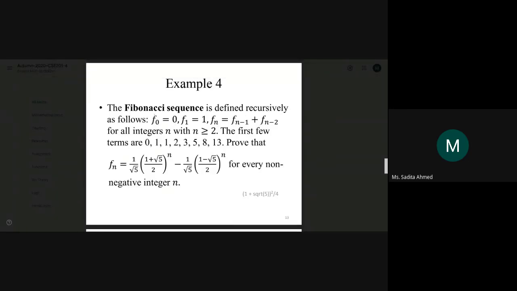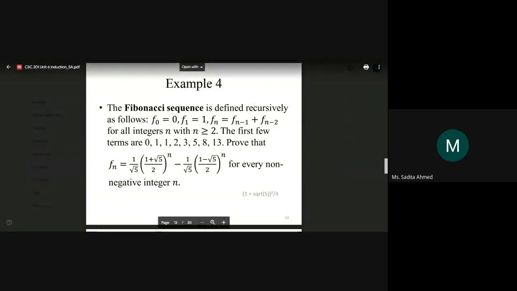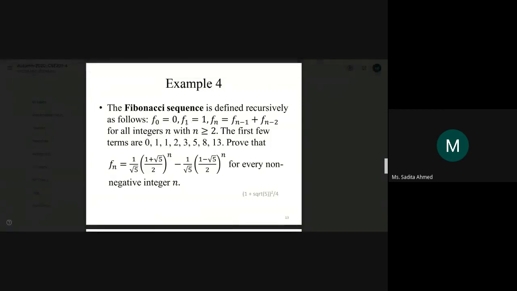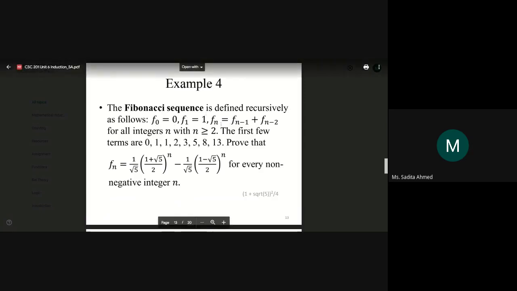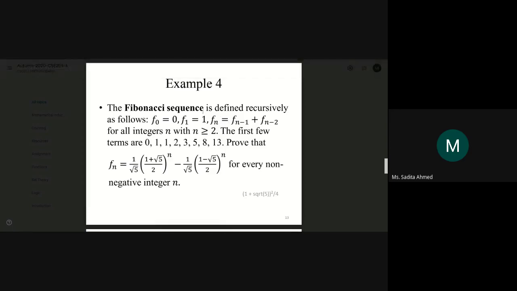Because we have defined the initial conditions f0 and f1. If we know f0 and f1, using this recurrence relation we can find f2. Once we find f2, using f1 and f2 we can find f3. Once we know f3, using f2 and f3 we can find f4, and so on. That is why, because we have defined two initial conditions, we can utilize the two preceding values to derive the value of fn.